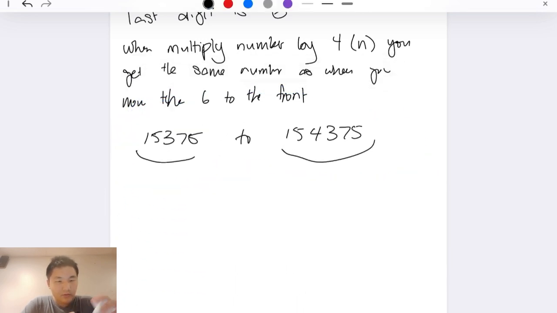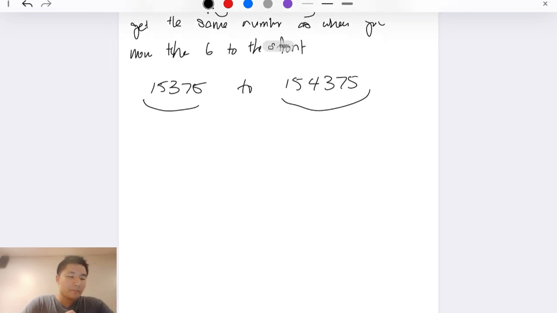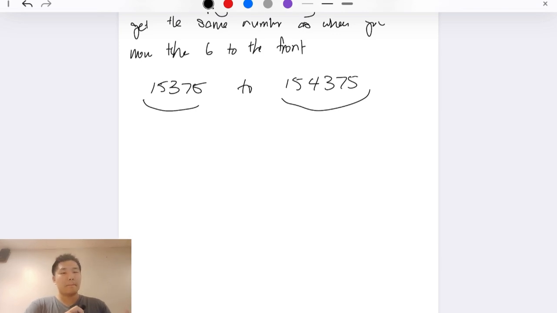The next thing was, I realized that in order to have the numbers when they're multiplied by 4, in order to have number n equal number 4n when it's multiplied by 4, how do I word this properly?